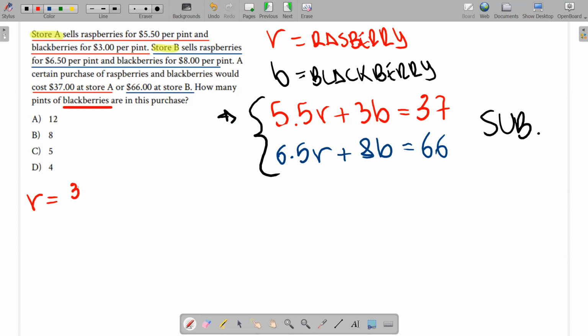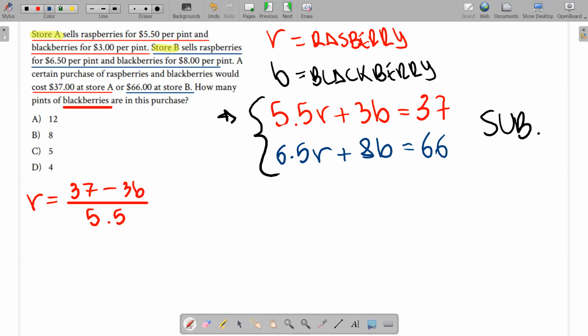So we have 37 minus 3B. And I'm going to divide both sides by 5.5, which means that this one is going to be divided by 5.5. At this moment, what I have is an equation that says that R is equal to 37 minus 3B over 5.5. So whether I say this expression or R, I'm saying the same thing.